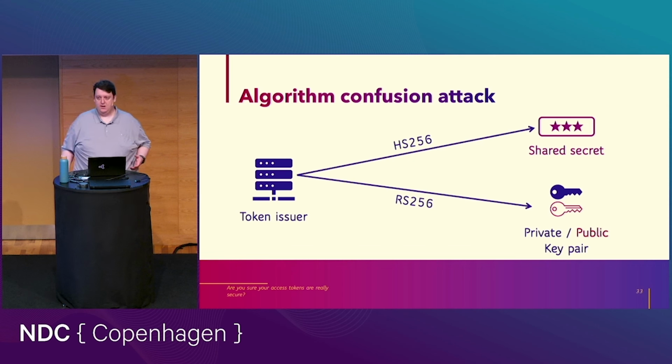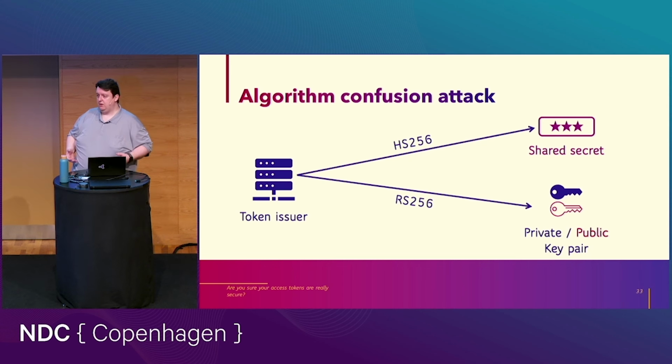Again, that means that there's a shared secret that needs to be known by all parties, because the one that signs the token uses, for example, ABCDEF as a secret, and the one that validates the token also needs to know that ABCDEF was used to sign the token. This is a very bad way to sign tokens, but it has been used a lot in the past.